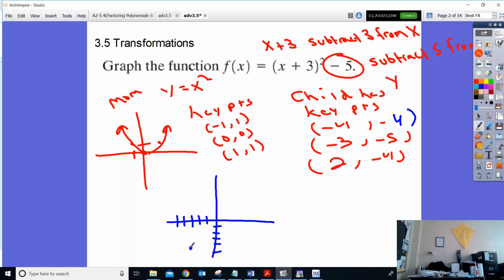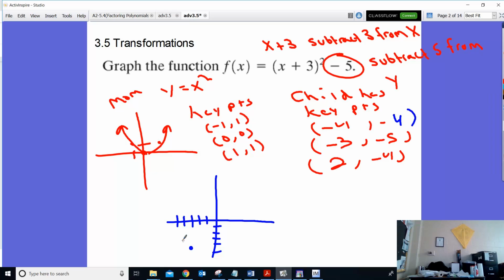Negative 3, negative 5, which is the vertex, and negative 2, negative 4. There's your child.